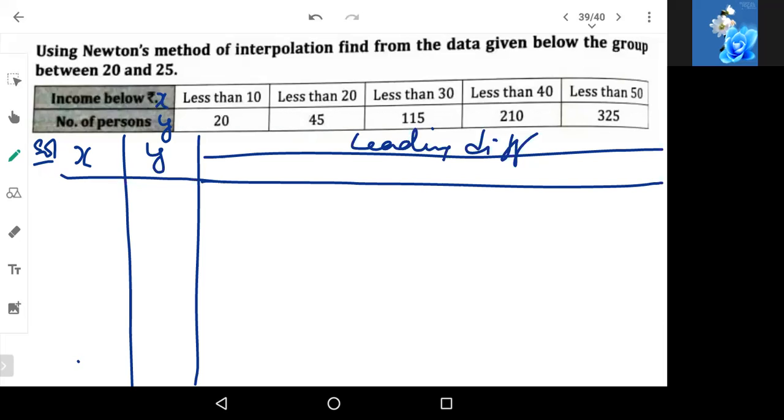So if you see here, less than 10, less than 20, less than, I don't have space, that's why I'm writing L and T. You are expected to write the full name less than. Less than 40, less than 50.